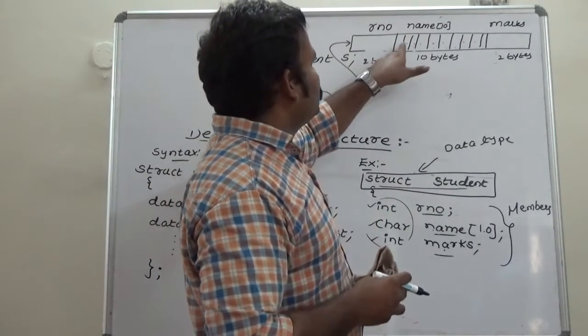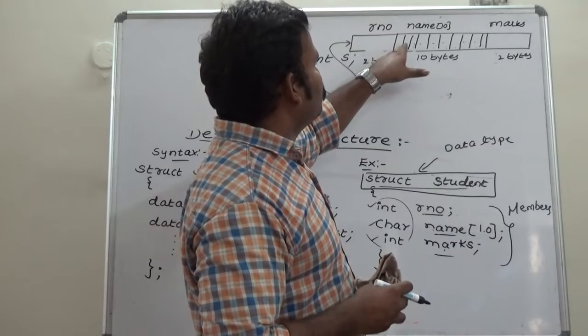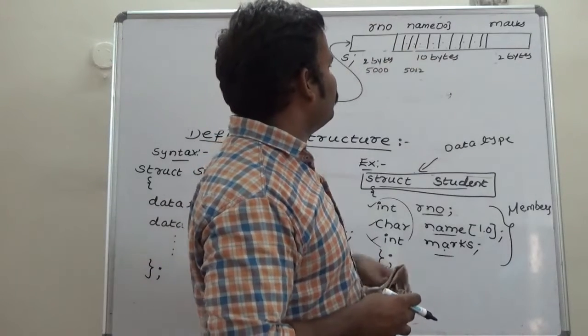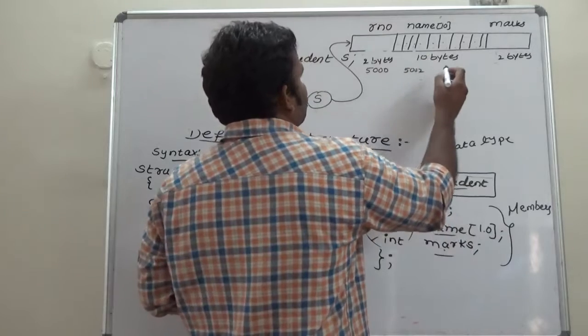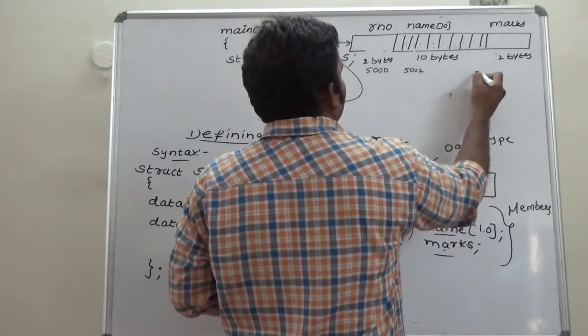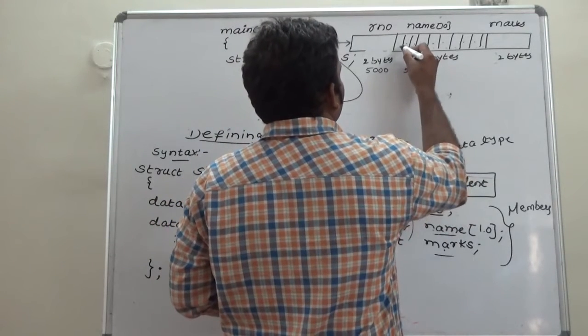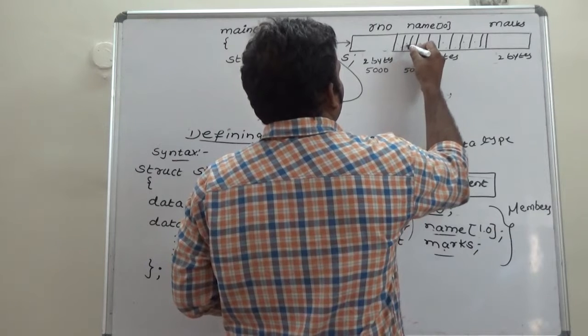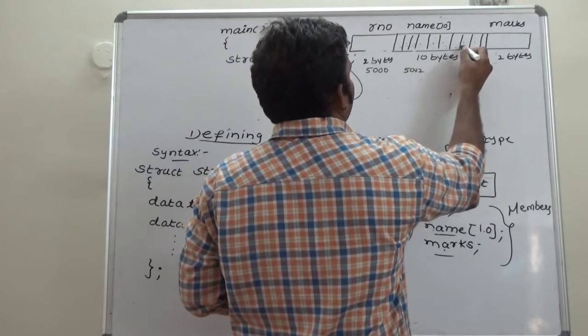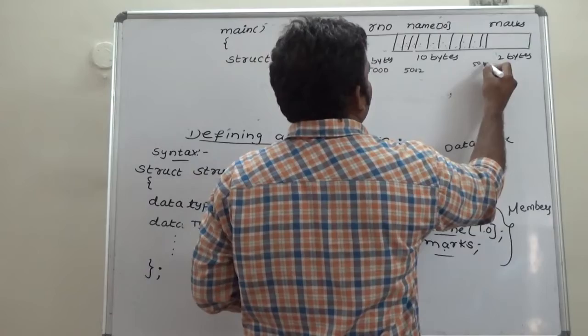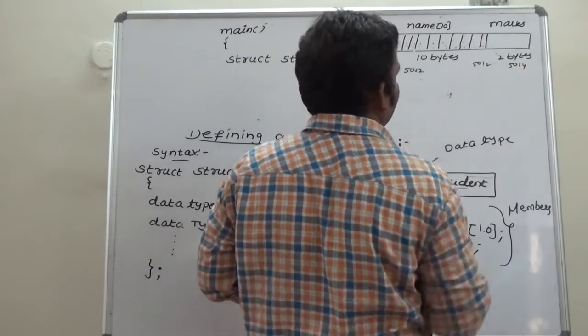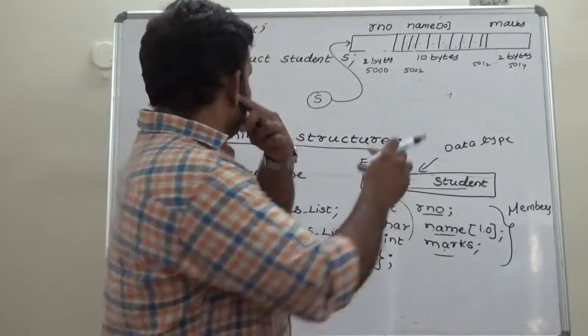Next to 5002 plus 10, that is 5003, 4, 5, 6, 7, 8, 9, 10, 11, 12, so 5012. Next, 5014. So, clear?